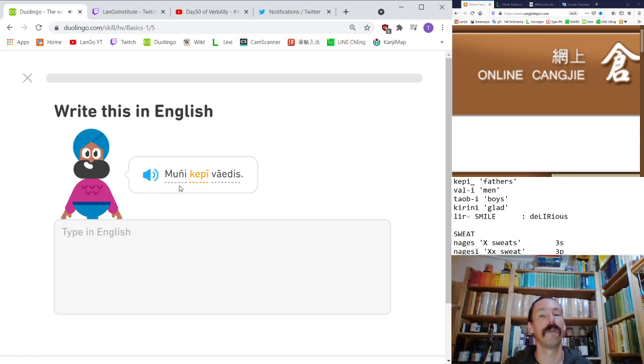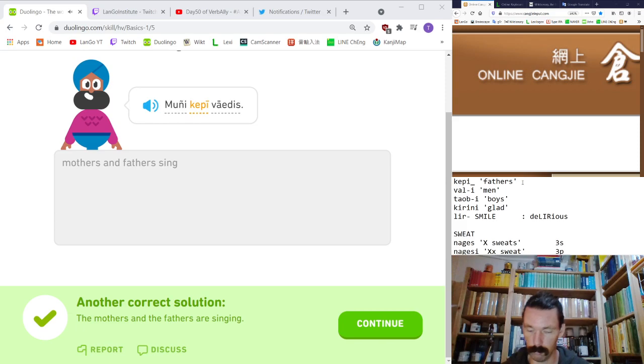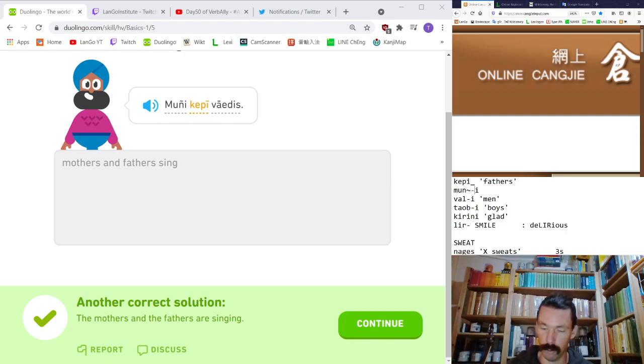Okay, mothers, fathers. We could say parents, I suppose. Mothers and fathers. They sing. Muni, mothers. N with tilde, muni. That's the standard plural suffix. Mothers.